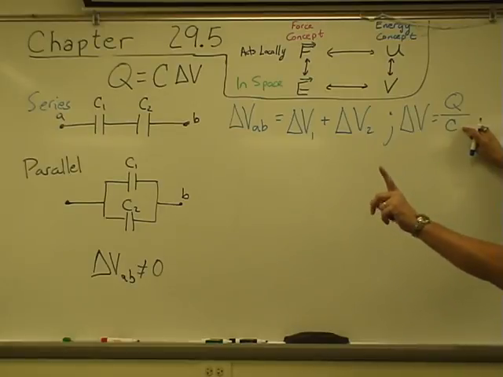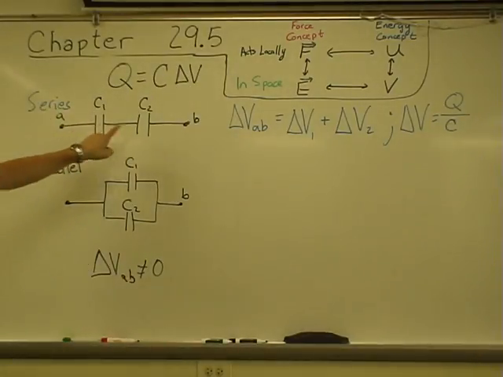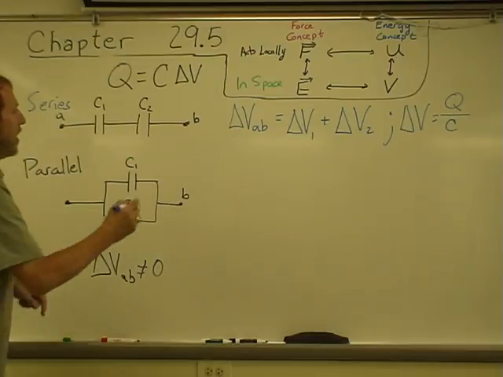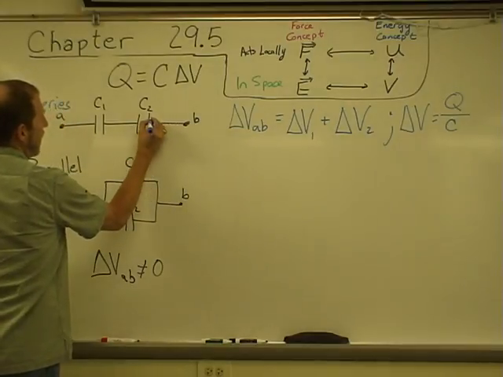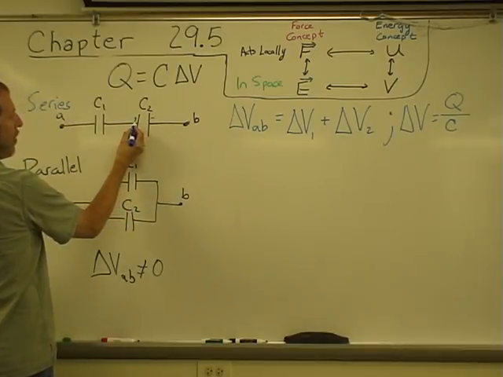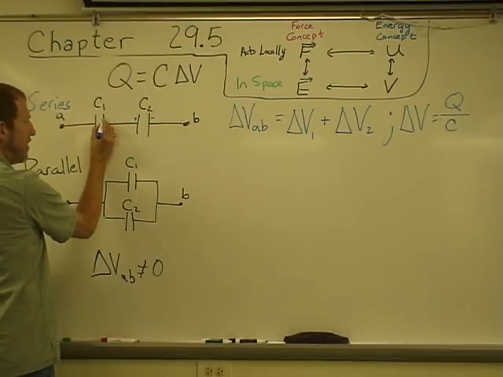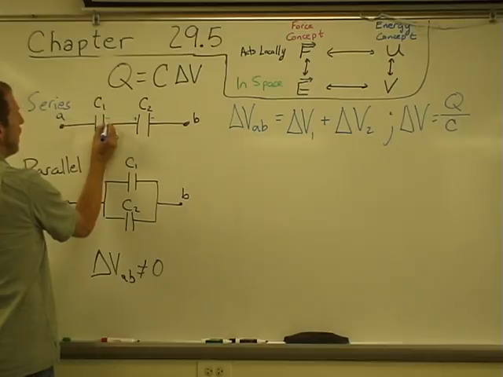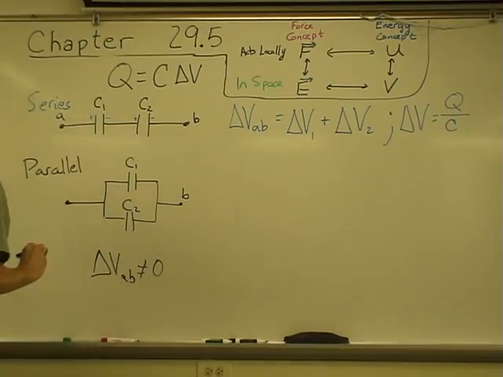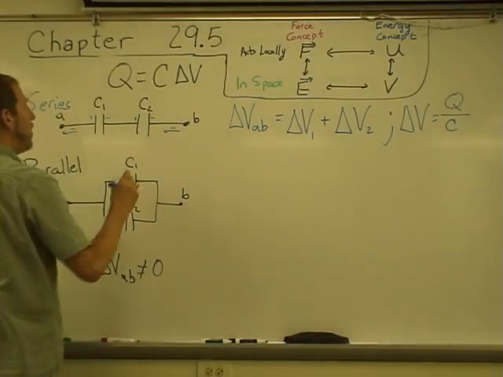Now, the other thing that we know is, imagine that I've got some electric potential over those plates. Say I have an electron come in from one side and stick to one side. That will induce a positive hole on the other side, freeing up an electron, which will go as far away as it can to the opposite plate, freeing up a positive hole on the other side, freeing up an electron.